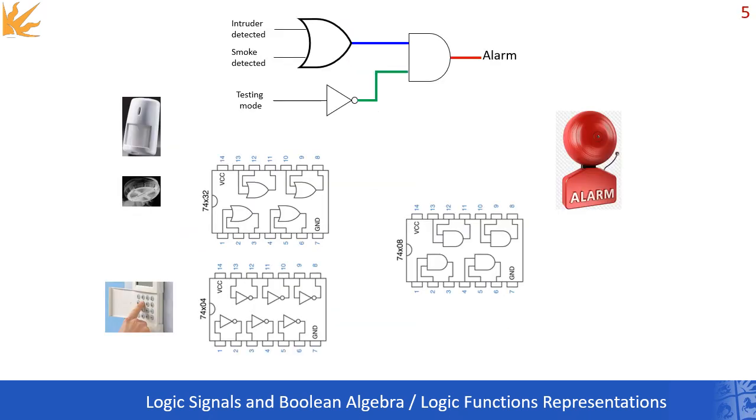Okay, so let's see this in practice. Imagine that it would look like this. And let's just pay attention to the colors over here, because it's going to be useful for the next slides. Got an OR gate, got a NOT gate, and a final AND gate for the alarm.